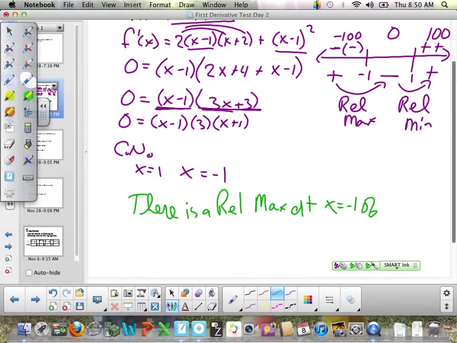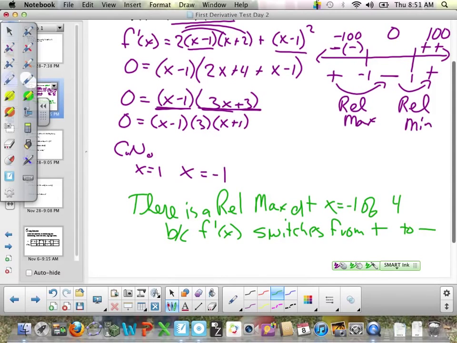So there's a relative max at x equals negative 1 of 4, because f prime switches from positive to negative.